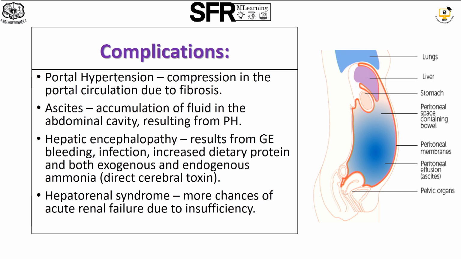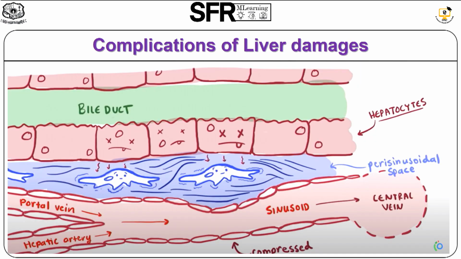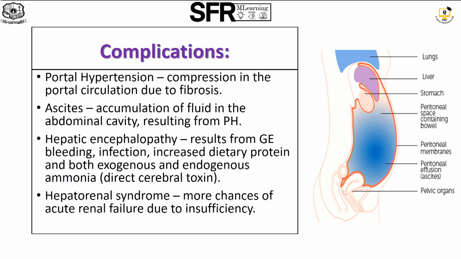Once the portal arteries and veins get narrowed down because of the compression, as we have seen in the previous slide, the portal vein and the hepatic artery are compressed. The circulation will form another shunt. The heart will pump the blood around the liver, and most of the blood will not enter the liver. This causes the hepatorenal syndrome. The liver has to purify certain metabolites, and then the blood has to enter the renal system.